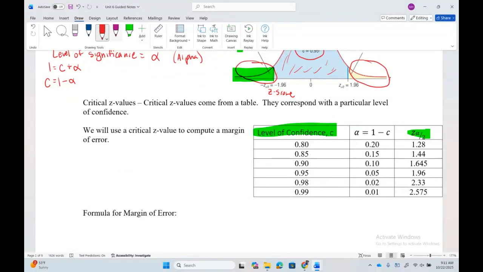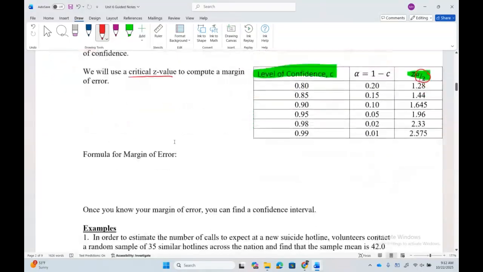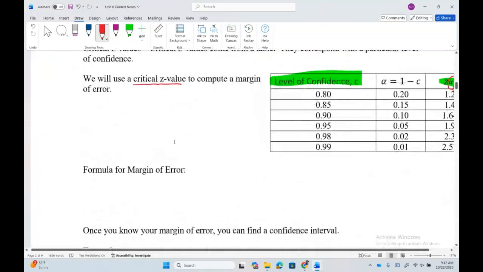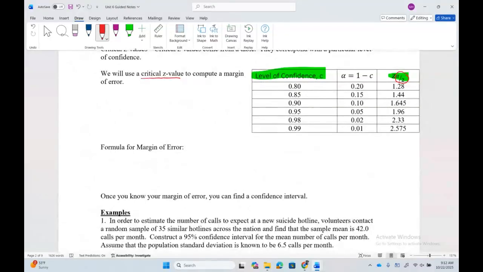This notation at the end is just saying that we've found this specific z-score for this problem. So we will use these critical z-values from this table. There's a formula for the margin of error. In those previous problems it was given to us, but that won't always be the case.